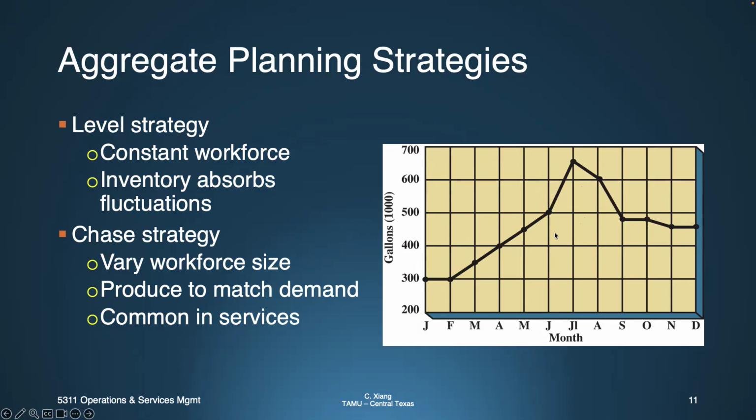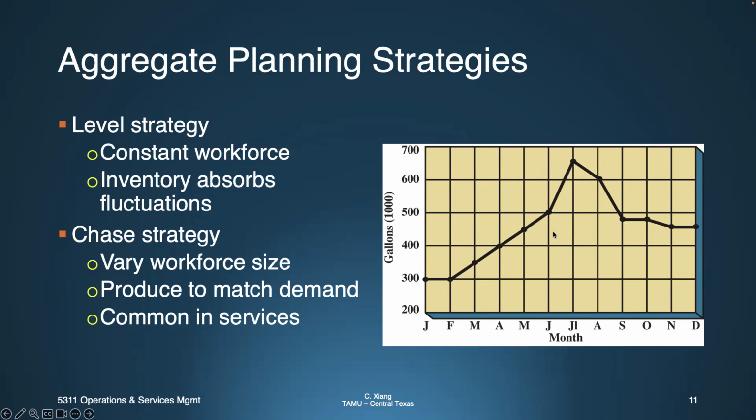This can involve hiring and layoffs, but also alternatives like overtime and subcontracting. The advantage is that we minimize or even eliminate inventory, since production closely follows the demand. This approach is also common in service settings because inventory is not available to help.